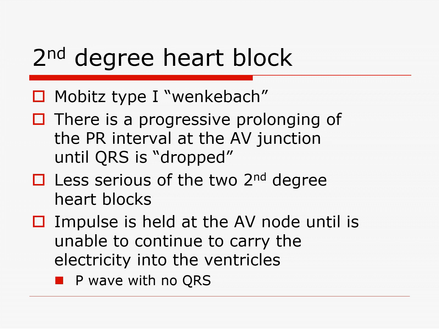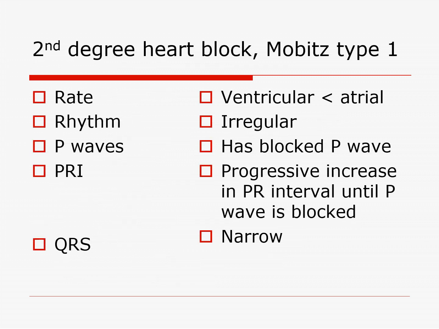Your ventricular rhythm is irregular, but your atrial rhythm is regular because you have the wife there all the time. The P waves march out, but the PRI gets longer, longer, dropped. Then periodically you just don't have a QRS.